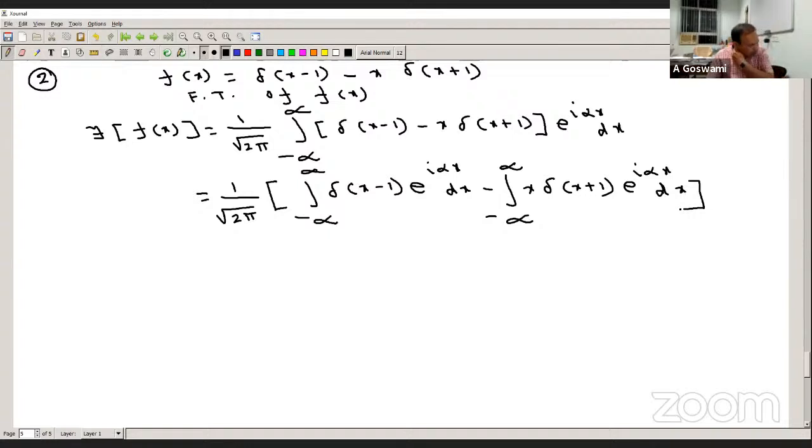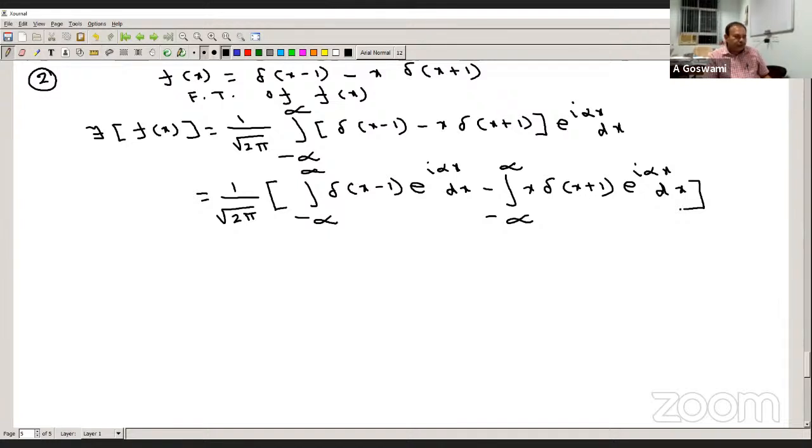Actually, I think you have missed one thing. You can directly evaluate these two integrals, but that becomes really cumbersome and very difficult to evaluate.